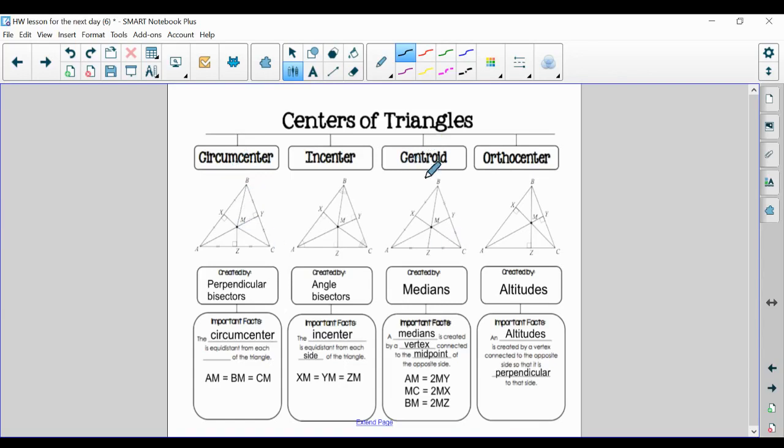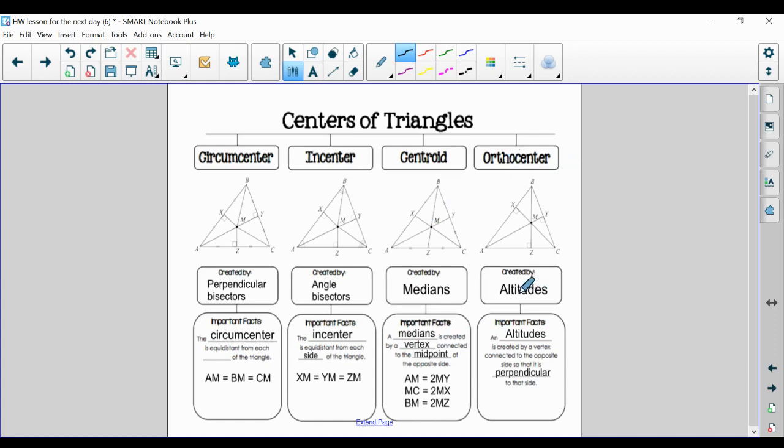The third one is the centroid. We're going to have a lesson to specifically talk about the centroid, because they usually have one or two questions on the Regents exam. So I will take a special lesson to talk about the centroid. So the centroid is formed by three medians.